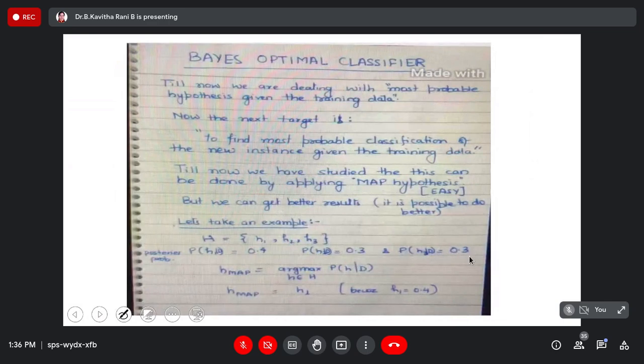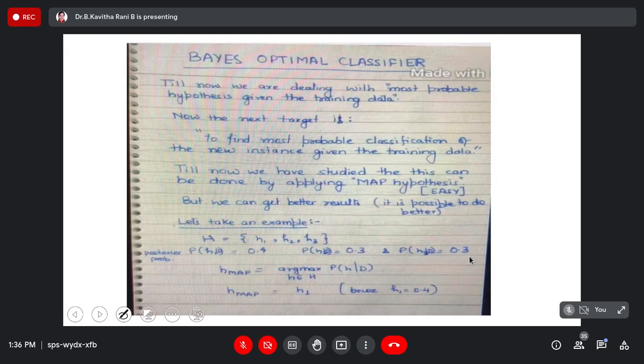The next concept is the Bayes optimal classifier. So what is the Bayes optimal classifier? Till now we have been dealing with the most probable hypothesis given the training data. What we have done until now is try to find the most probable hypothesis by using the MAP concept.